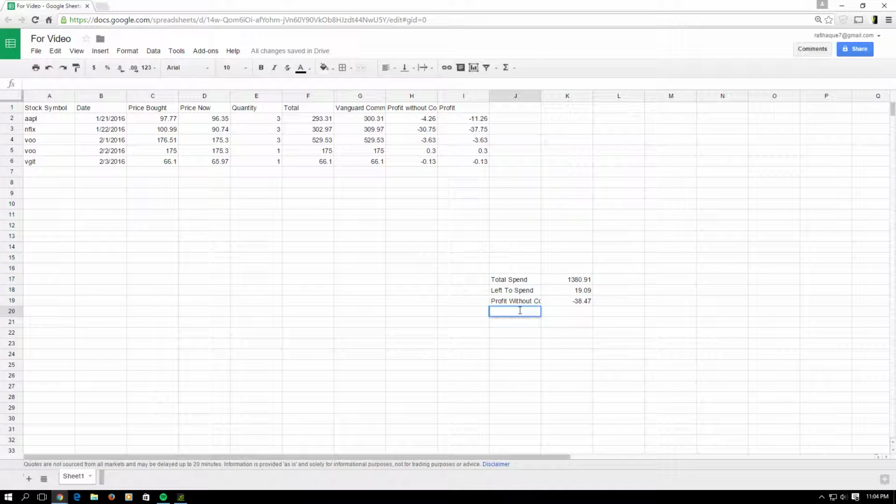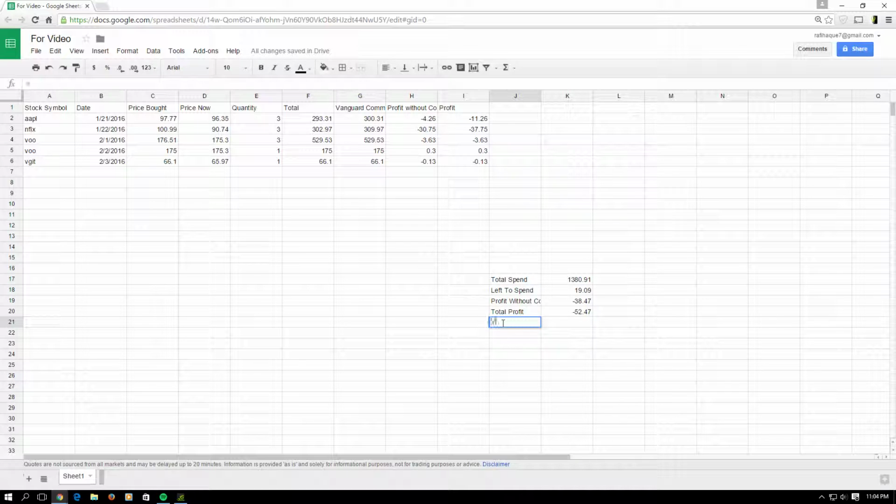And this is our profit, or I guess net profit, and that would be simply this column, and we lost $52.